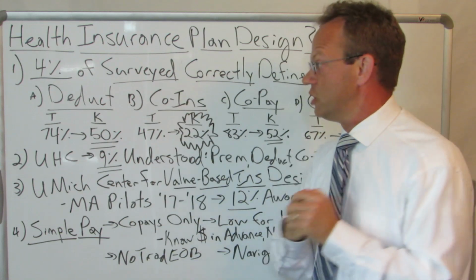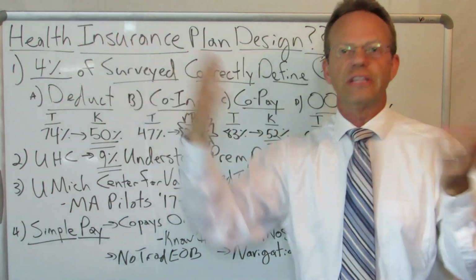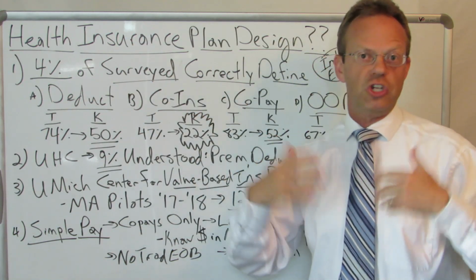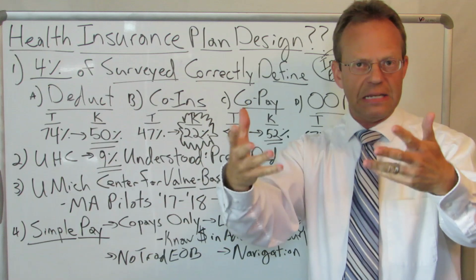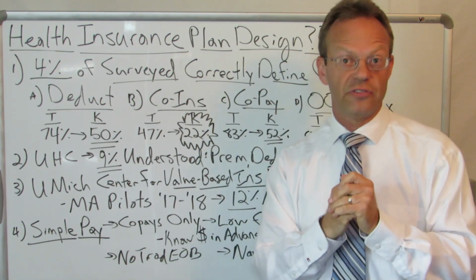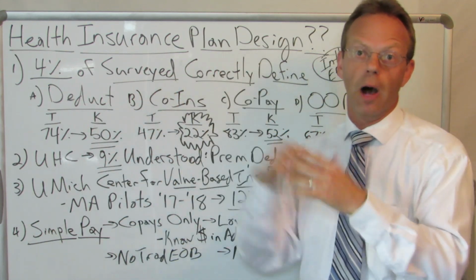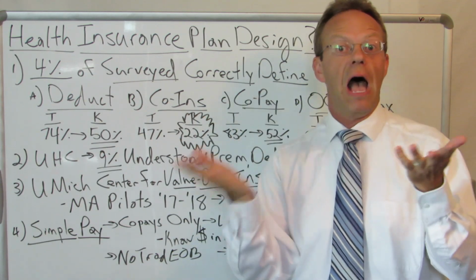And you know what that percentage is? About 4 to 9%. So, I don't think that's going to change a whole lot. So just know that when you have your plan design at your company, only about 4 to 9% of the people actually have a minimal understanding of how it works.